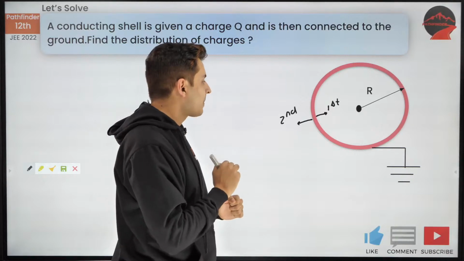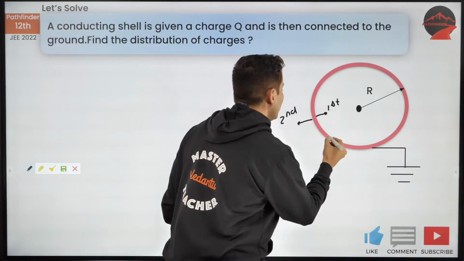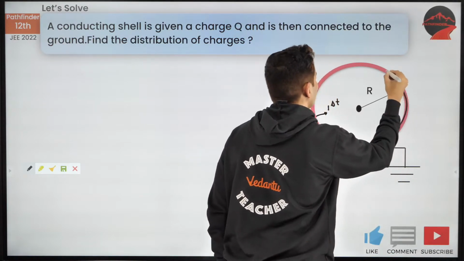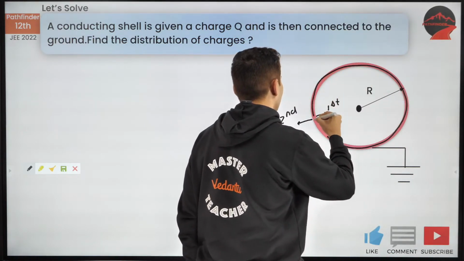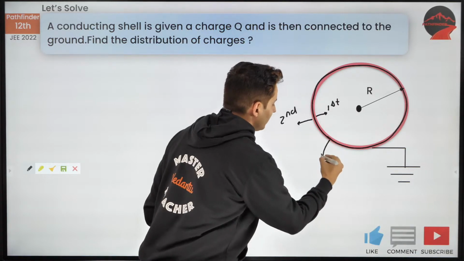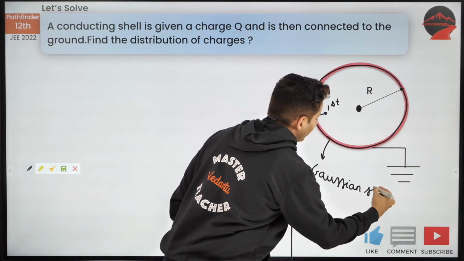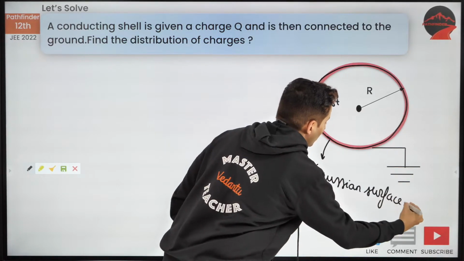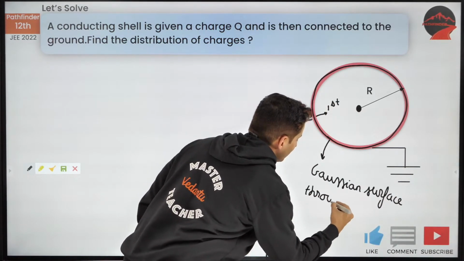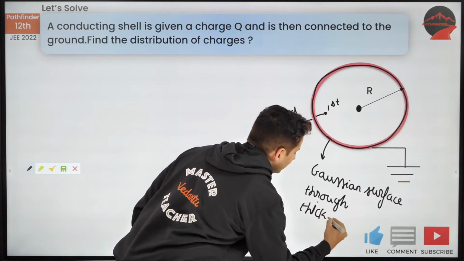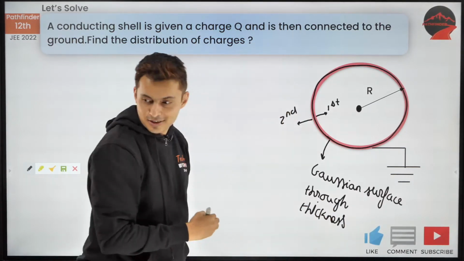See, if you take a Gaussian surface through the thickness of the conductor, yes, through the thickness of the conductor.